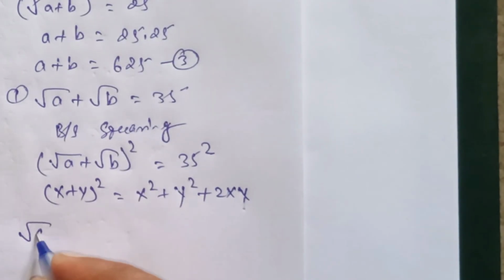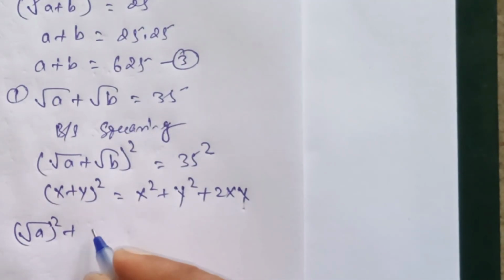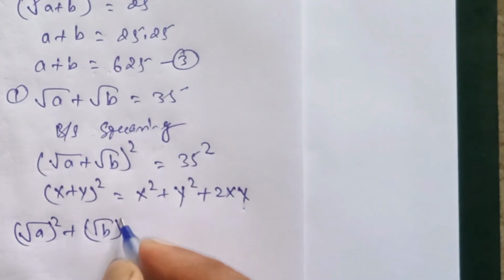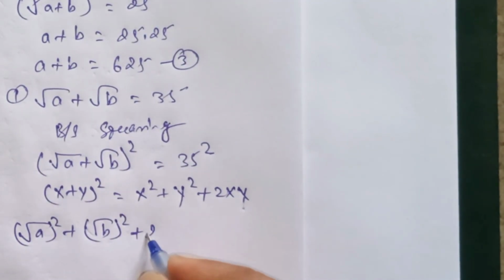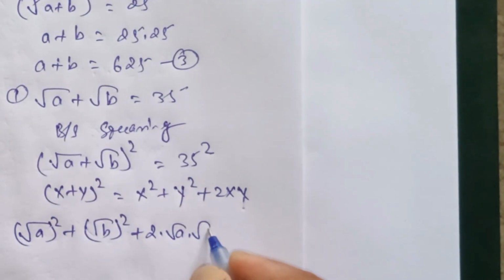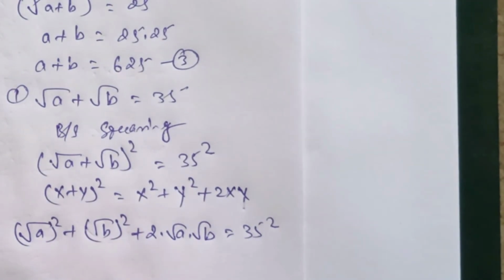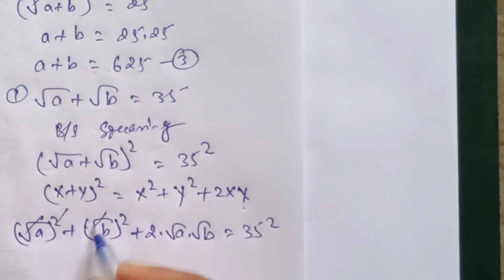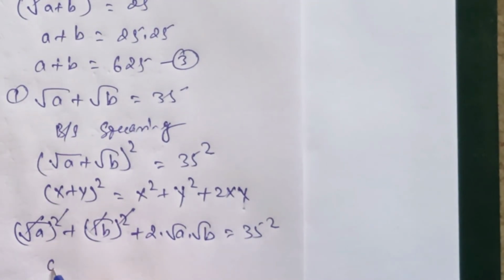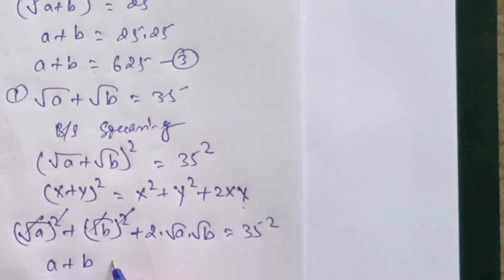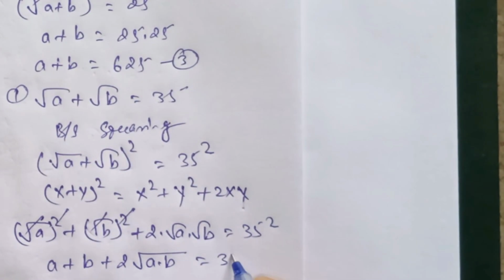So root a whole square plus root b whole square plus 2 into root a into root b is equal to 35 square. The root and square cancel, so a plus b plus 2 into root under a into b is equal to 35 square.